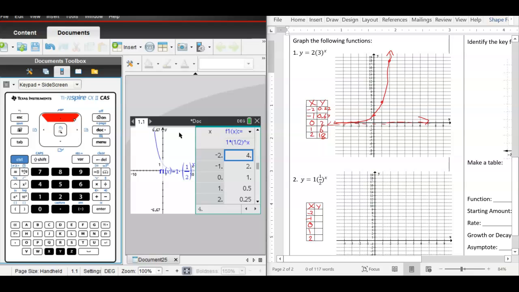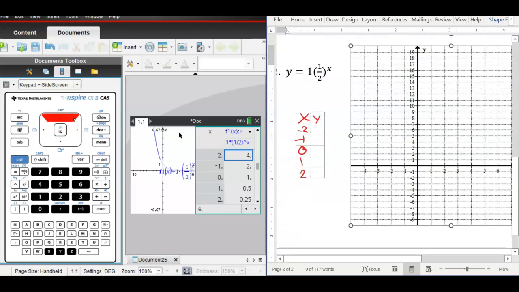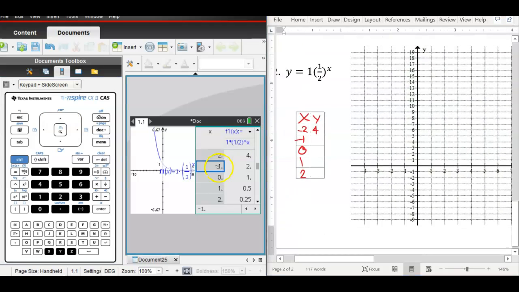All right. So I get -2 gives me 4. -1 gives me 2. 0 gives me 1. 1 is 0.5. 2 is 0.25.